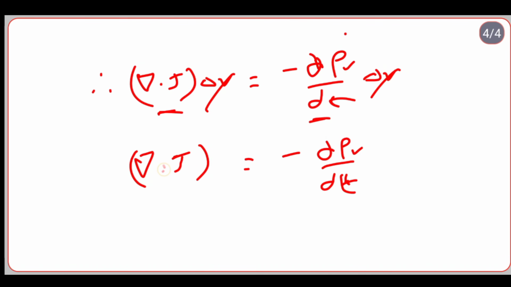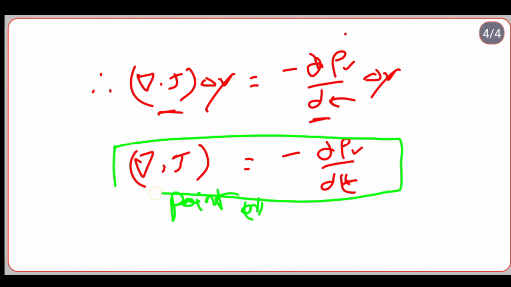This is the point form, or differential form, of the current continuity equation: del dot J equals minus dou rho v by dou t.